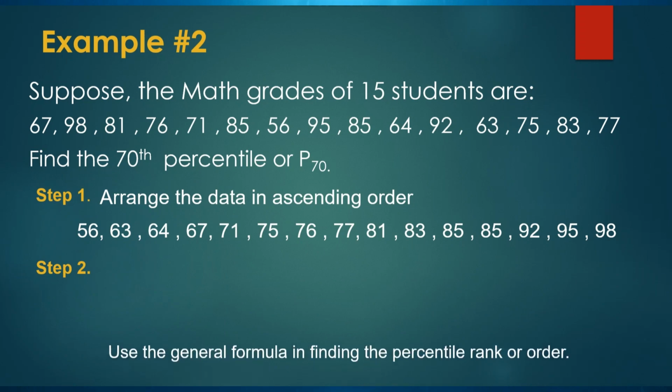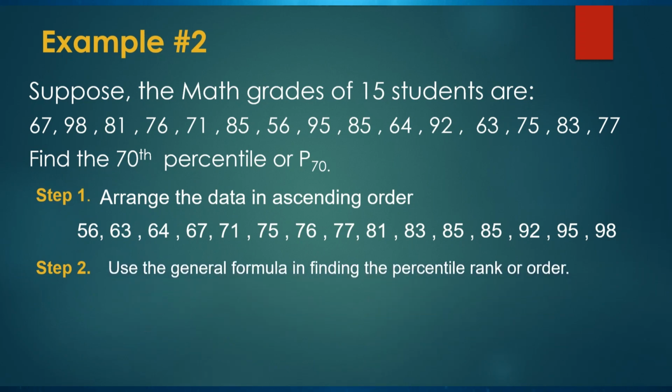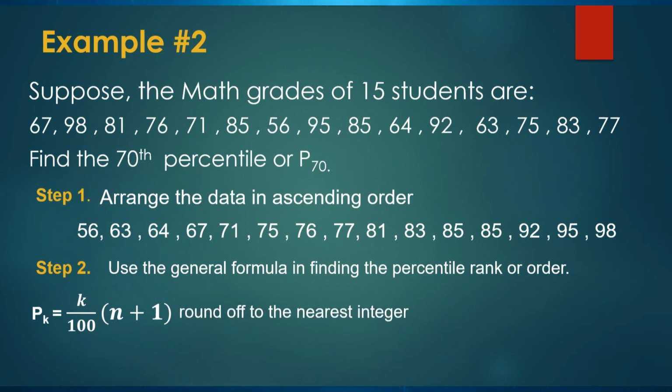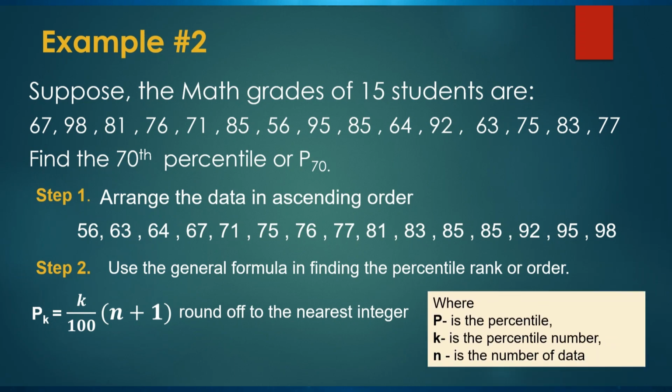Step 2, use the general formula in finding the percentile rank or order. So we have the formula P sub k is equal to k over 100 times n plus 1. Round off to the nearest integer, where P is the percentile, k is the percentile number, and n is the number of data.